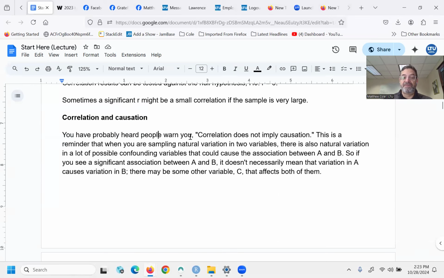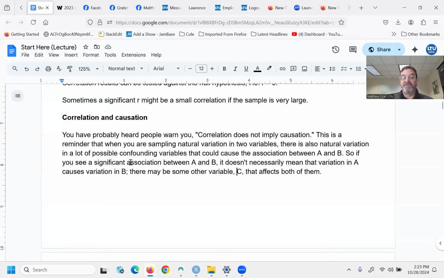This is a reminder that when you are sampling natural variation in two variables, there's also natural variation in a lot of possible confounding variables that could cause the association between A and B. So if you see that the correlation is significant between A and B, it doesn't necessarily mean that variation in A causes variation in B. There may be some other variable, for example, variable C, that is affecting both of them.